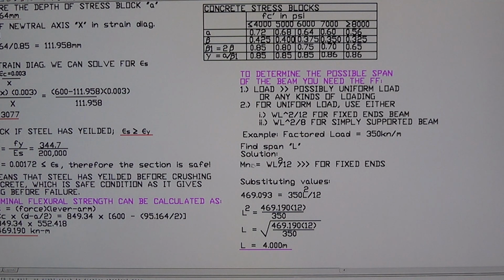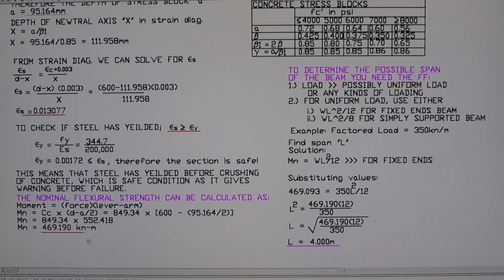Solution: the moment capacity of the beam that we calculated, 469.190, is equal to WL square over 12 for fixed ends. Substituting the value of the nominal moment that we calculated, equate that to the uniformly distributed load WL square over 12.